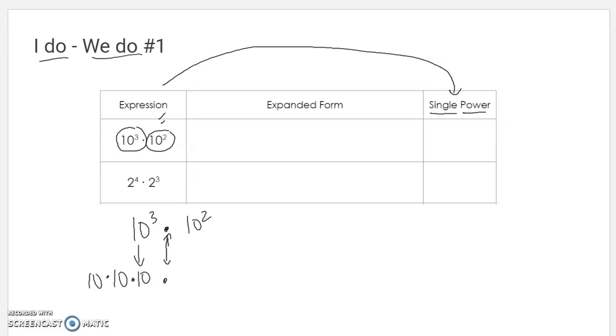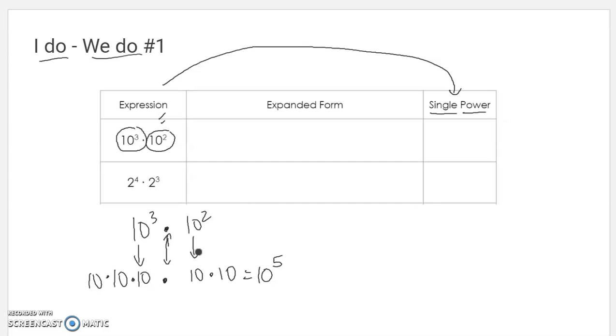Times is still there. 10 to the 2nd power is 10 times 10. And you'll notice, thanks to this multiplying, we have a big string of multiplying: 10 times 10 times 10 times 10 times 10, which we could rewrite as 10 to the 5th power. So 10 to the 3rd power times 10 to the 2nd power is the same thing as 10 to the 5th power.